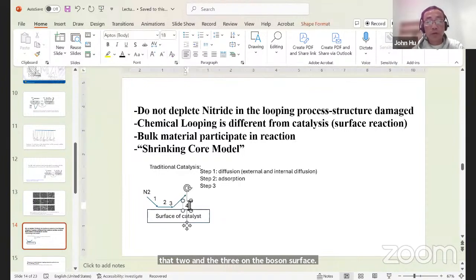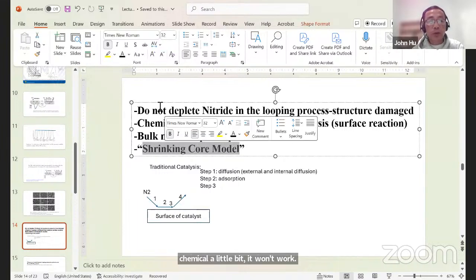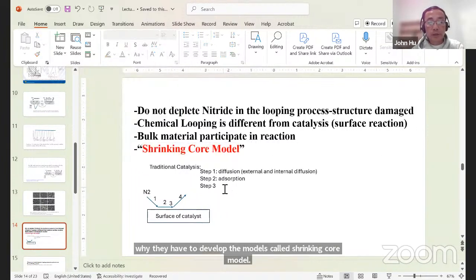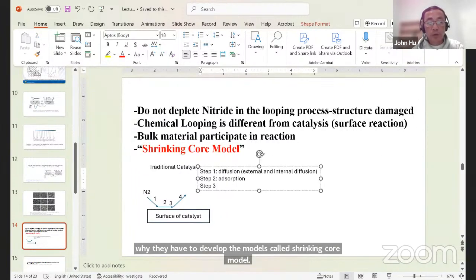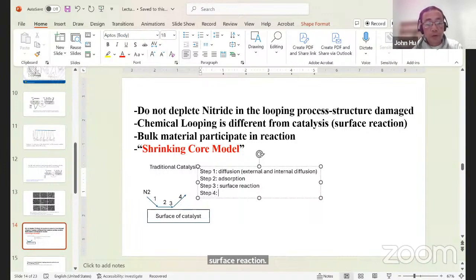Very important. If you learn catalysis and try to apply it to chemical looping, it won't work. That's why they had to develop a model. It's called the shrinking core model. Okay, so basically the adsorption, and then step 3, surface reaction, and step 4, desorption.